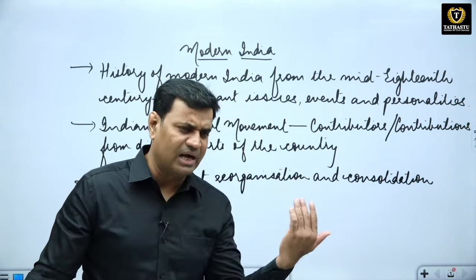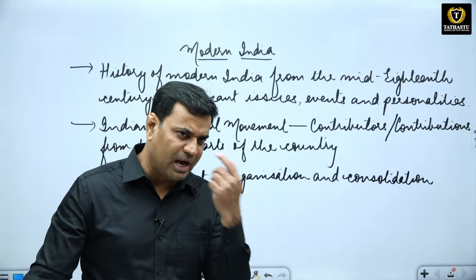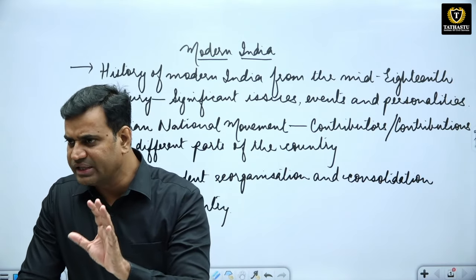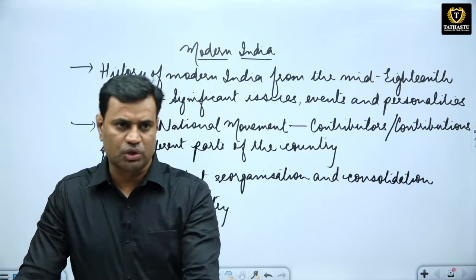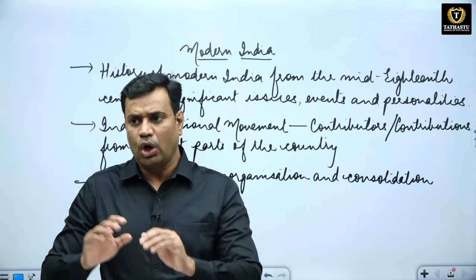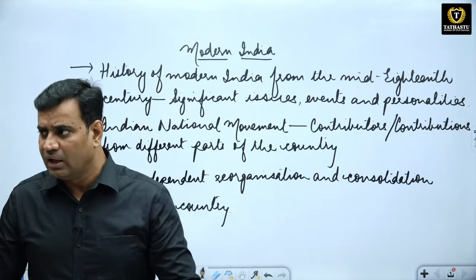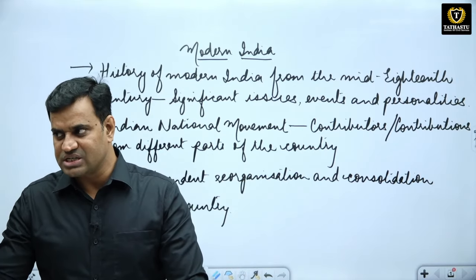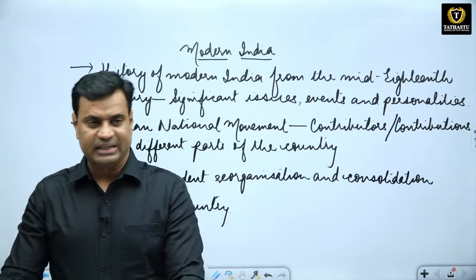It had huge impact on India, and just because of this impact only, India became a colony of Great Britain or United Kingdom. Clear? Now, what the major developments took place, how industrialization took place in Britain, what happened in Europe, we need to understand from European perspective. Clear?